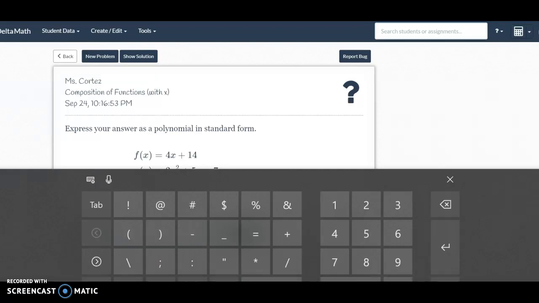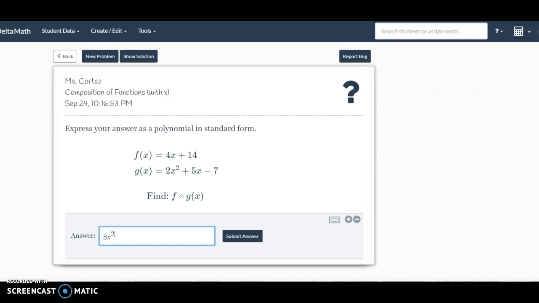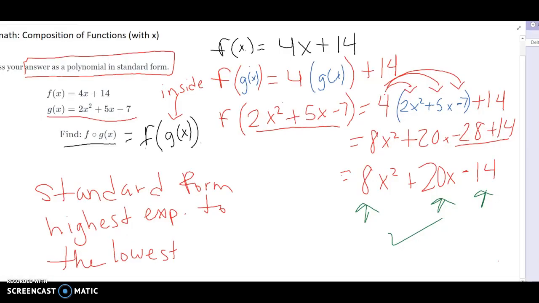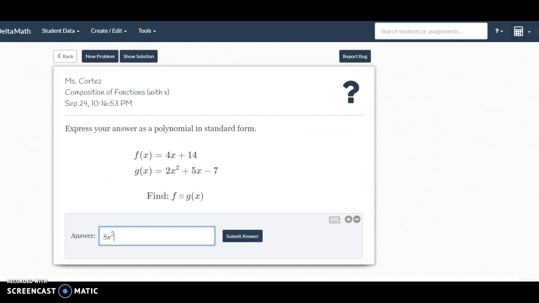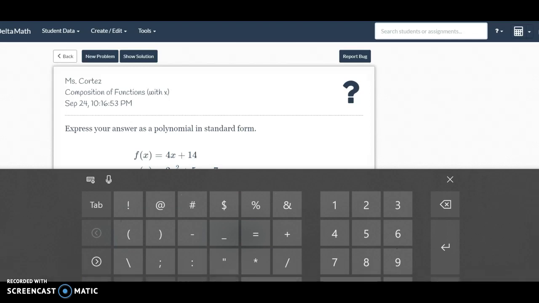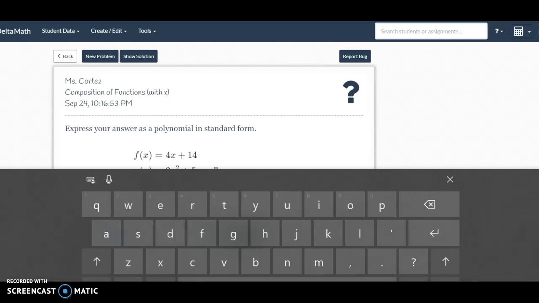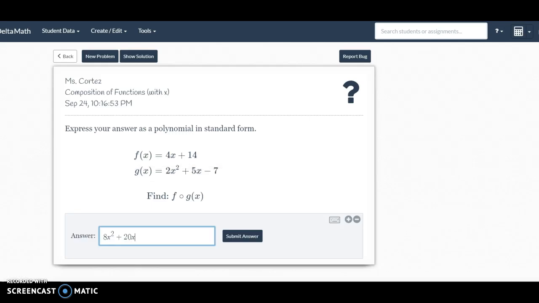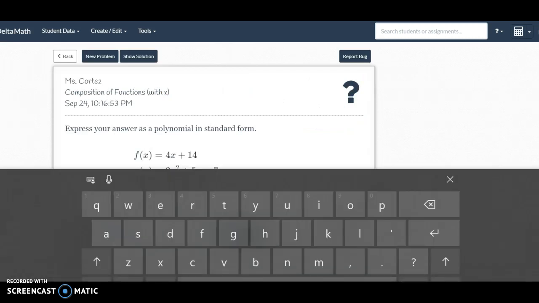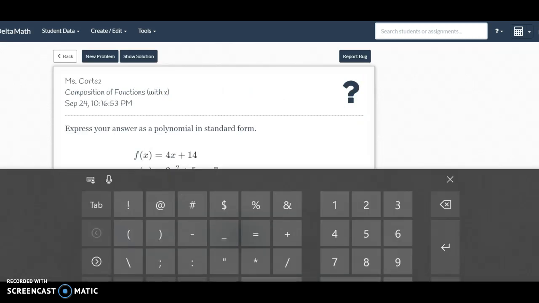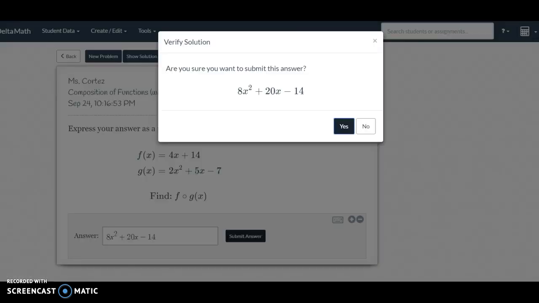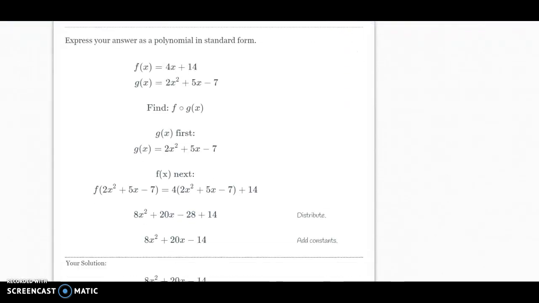Let me see how to put a square on here. 8x squared plus 22x minus 14. And we're going to submit. And there we go. The right answer.